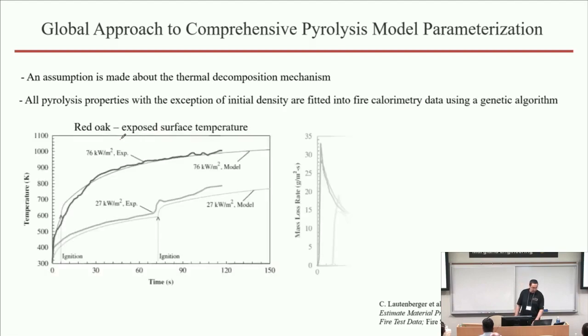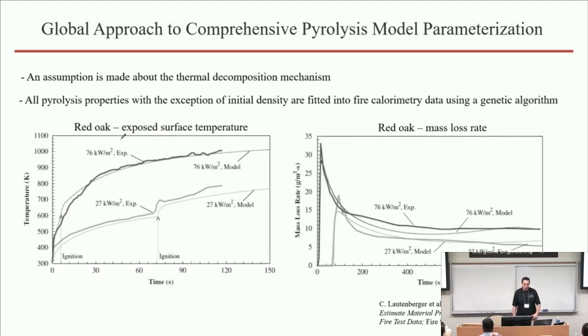So here is an example of this results from the reference paper. It shows you how pyrolysis model of red oak is parameterized based on the calorimetry data. Here the parameters of these models are fitted into actual mass loss rate profiles and also into simultaneous surface temperature measurements that is shown on the right for two different heat fluxes.